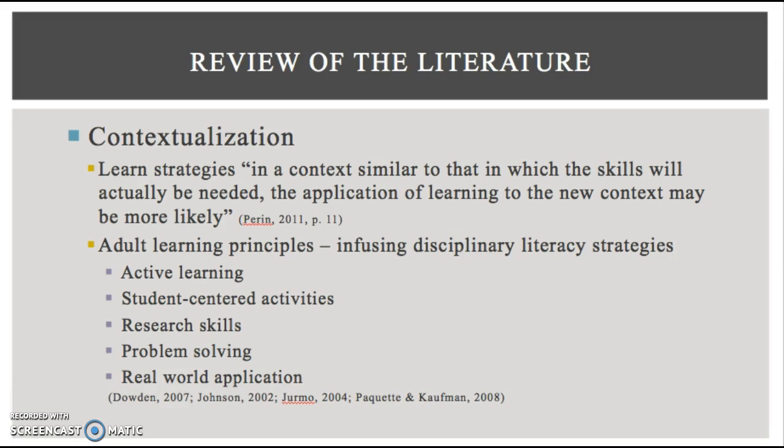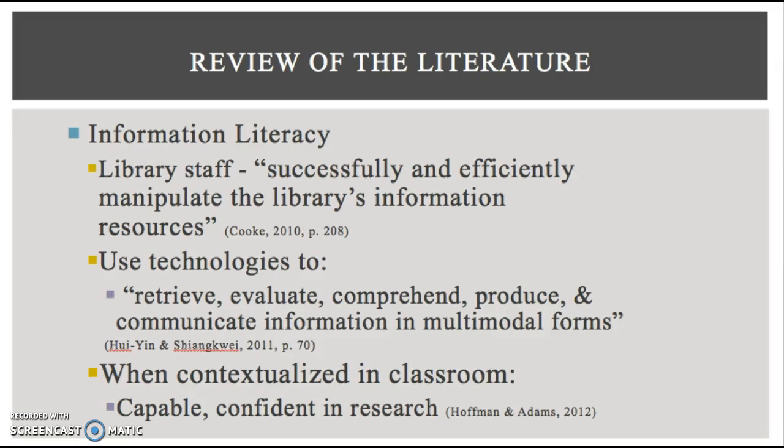We know that contextualization works for students where they are using skills or in a context that's similar to what they will be seeing in other college level coursework. And contextualization also uses adult learning principles when we use disciplinary literacy strategies. And those adult learning principles help them to be able to remember better.